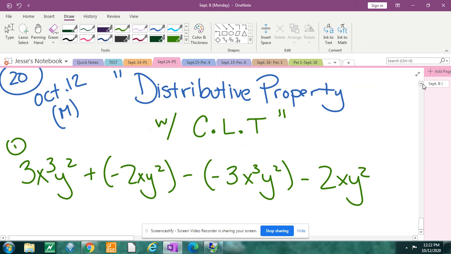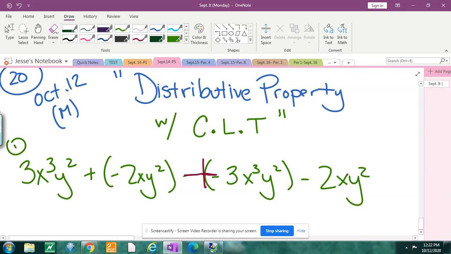So the first thing you do is you try to see if there's any type of combined like terms, right? Because it's all adding: 3x cubed y squared plus negative 2xy squared minus a minus. Wait, that's a positive. So let's put a positive right now. 3x cubed y squared minus 2xy squared.